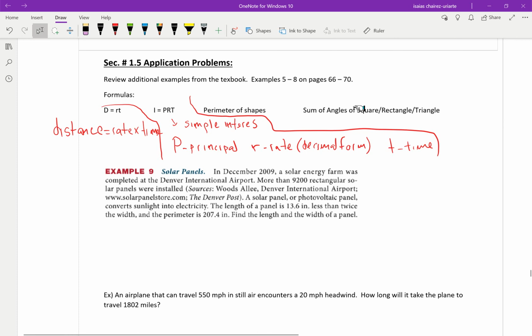Another thing that you might want to keep in mind is the sum of the interior angles of a shape. So for instance, the sum of the interior angles of a triangle, there are 3 interior angles in a triangle. The sum here is 180 degrees.